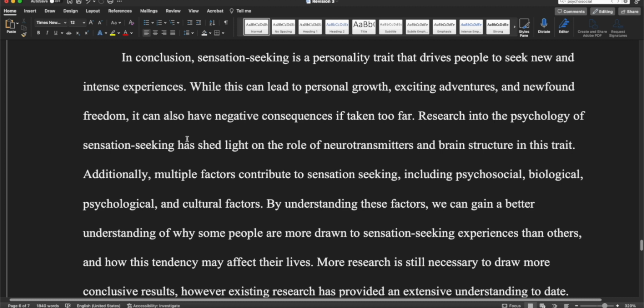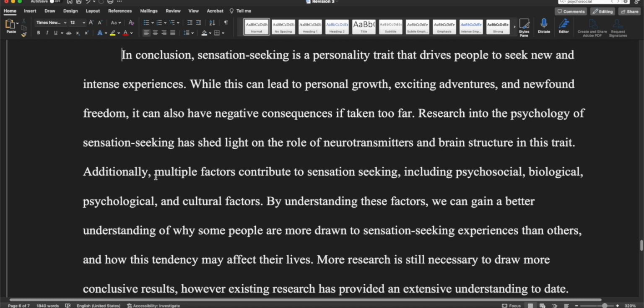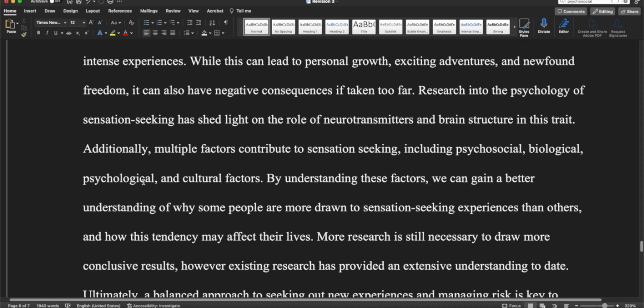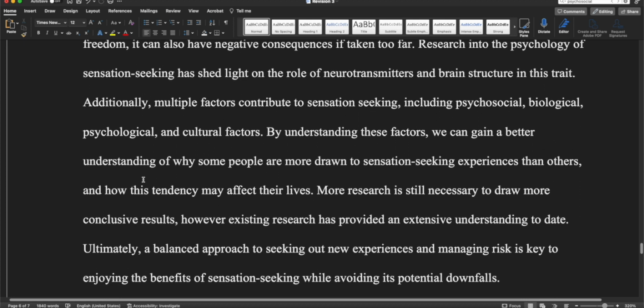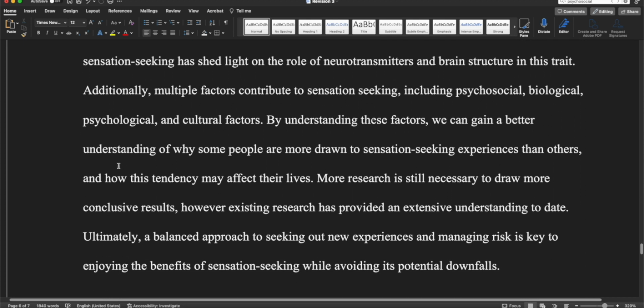By understanding these factors, we can gain a better understanding of why some people are more drawn to sensation seeking experience than others, and how this tendency may affect their lives. More research is still necessary to draw more conclusive results. However, existing research has provided an extensive understanding to date. Ultimately, a balanced approach to seeking out new experiences and managing risk is the key to enjoying the benefits of sensation seeking while avoiding its potential downfalls.